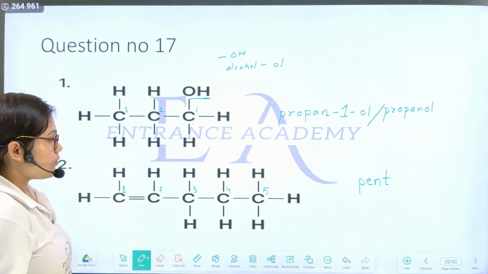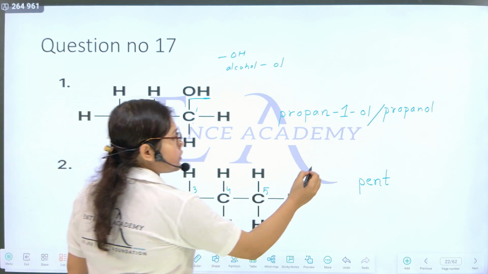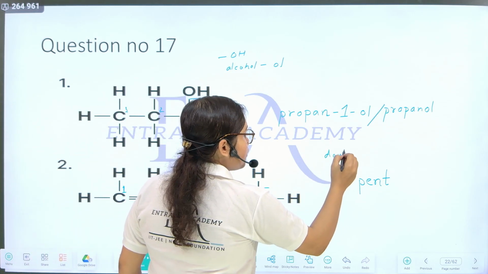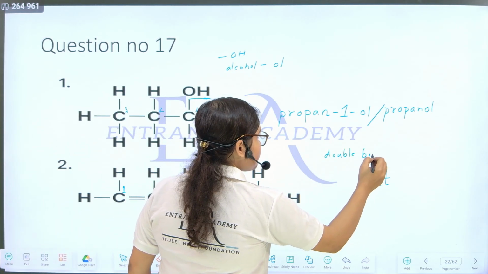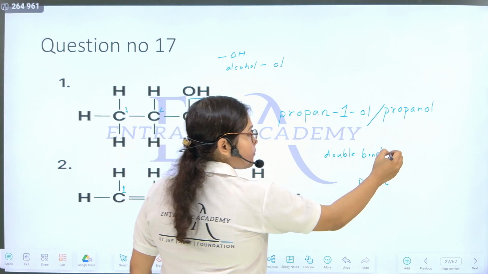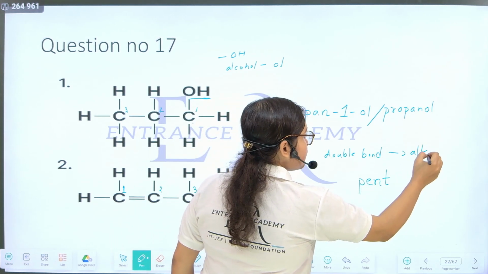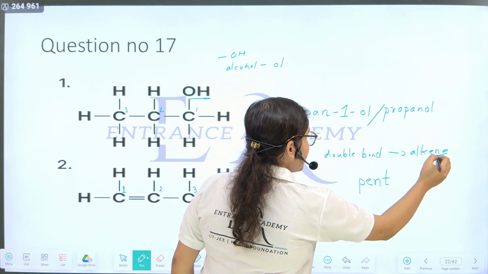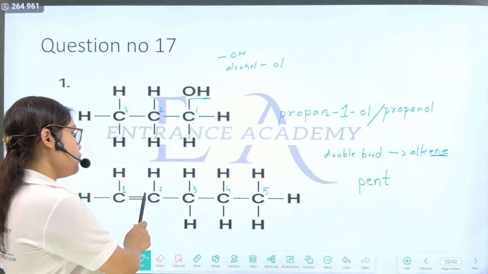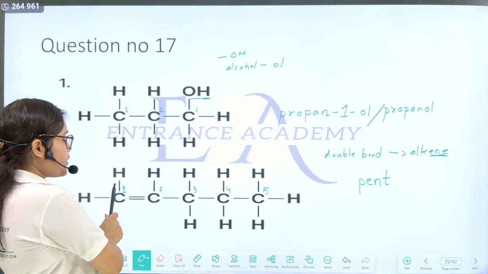If double bond is there, that is alkene, ene. So the root word is pent. Double bond is present in the first carbon.